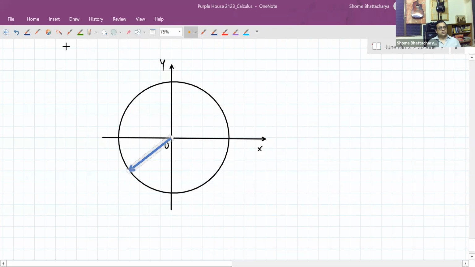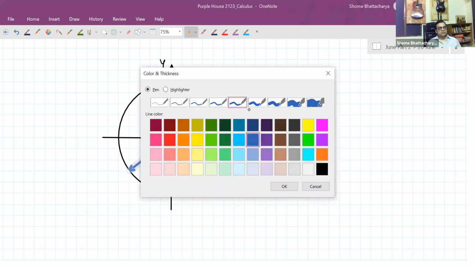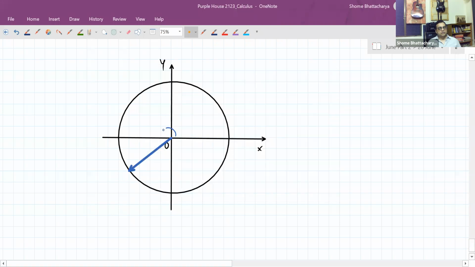So it will be something like this. Now you can see that this will have a negative x projection, or x component, and a negative y value also. So both sine and cos are negative in the third quadrant.